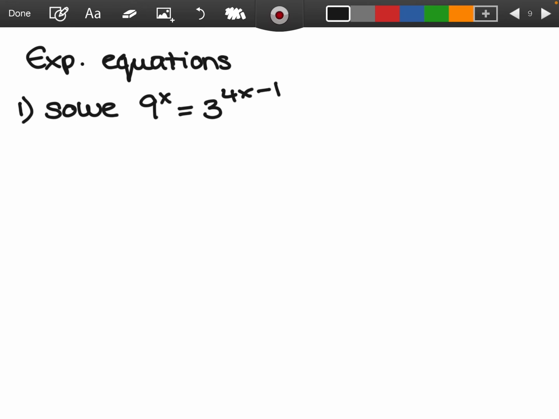9 to the x is equal to 3 to the 4x minus 1. And we have to solve for x, okay? Whenever you do one of these problems, get the same base on both sides. I've got a 9 as a base on the left-hand side and a 3 as a base on the right-hand side. So if I change both of those to have a base of 3, I know that 9 is the same thing as saying 3 squared.